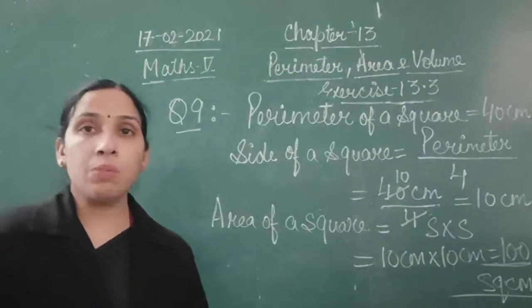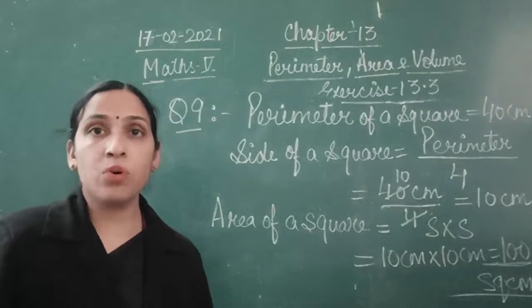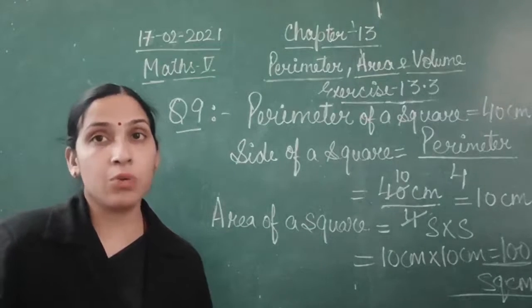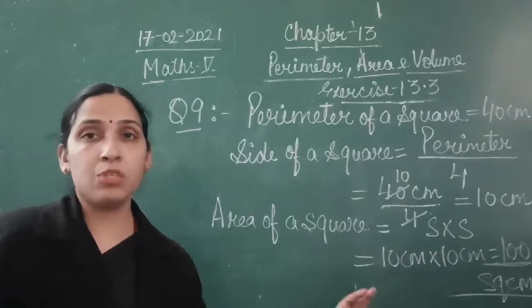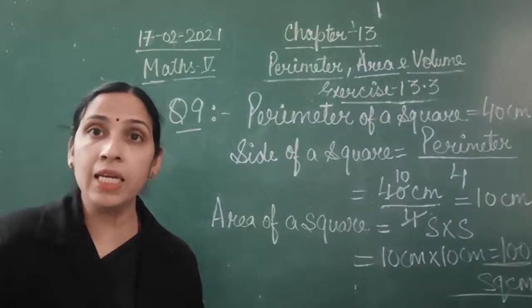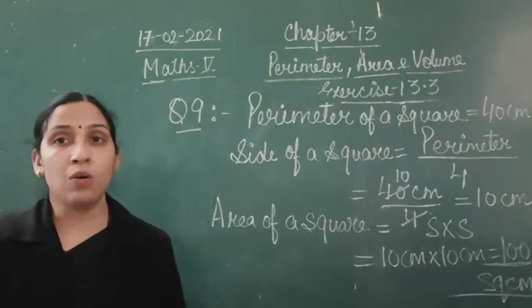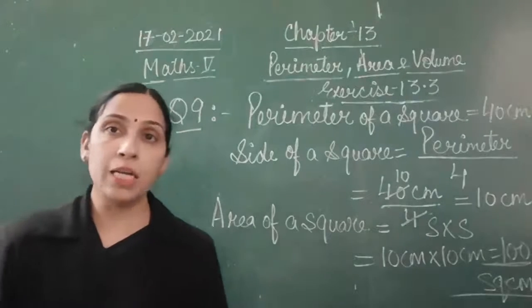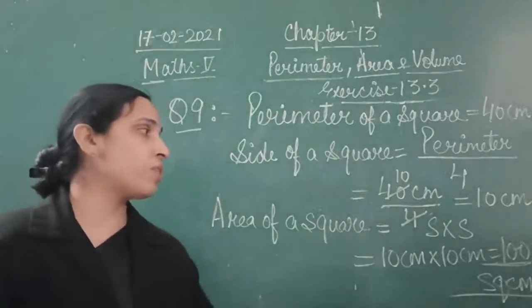Now children, we will come to the last question of this exercise 13.3. After that we will start the concept of volume. I hope there is no doubt in this question about how we find the side of a square when the perimeter is given, and once you find the side of a square, how will you find the area of a square?